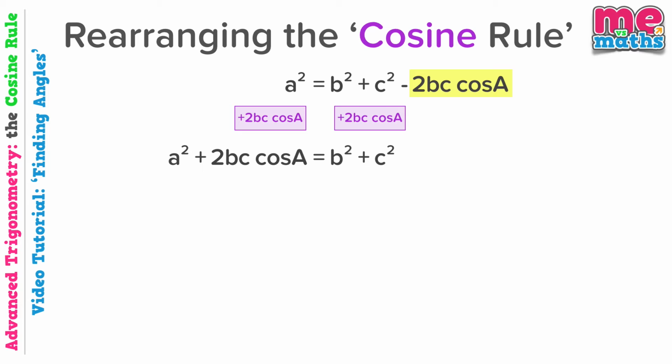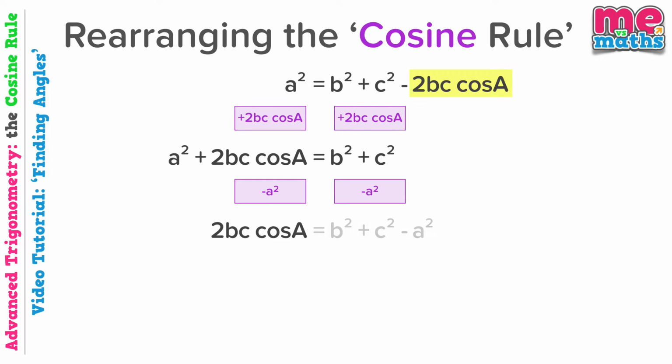Let's eliminate the side a part now, the a squared, by subtracting that from both sides. All we have now on the left is 2bc cos A, and on the right, b squared plus c squared minus a squared. At this stage it may look like we have a lot left to do, but actually we're nearly there.